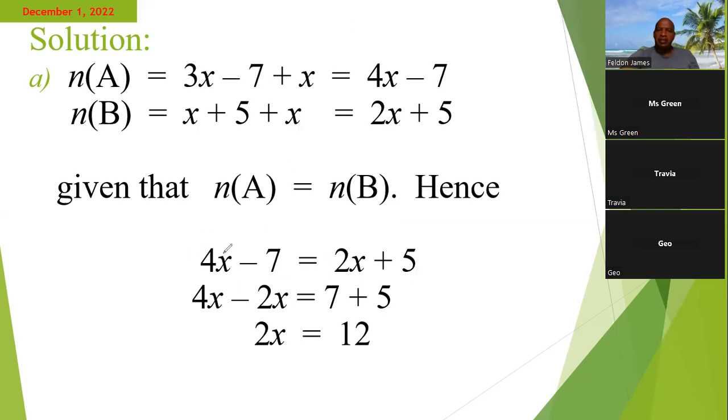How we do that? So here, this 2x on this side, we bring it over on this side. So now we bring this 2x over here. Simultaneously, while we're bringing this over on this side, we are bringing the 7 over on this side.